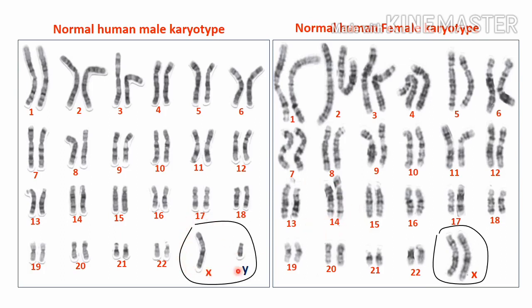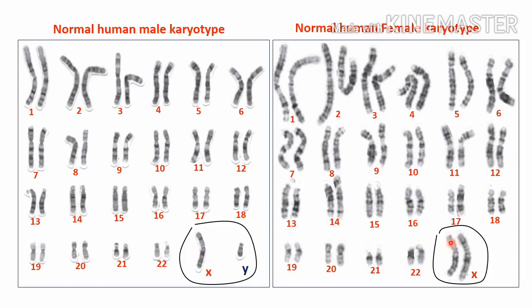However, the difference is in the 23rd pair, the sex chromosome pair, as clearly indicated here: in male the karyotype has one X chromosome and one Y chromosome. The X chromosome of male is sufficiently larger than the Y chromosome. It means X and Y share a very minimal area of homology.